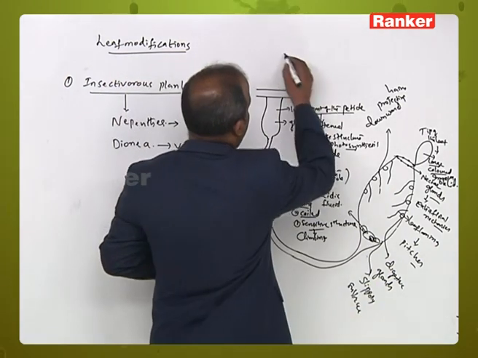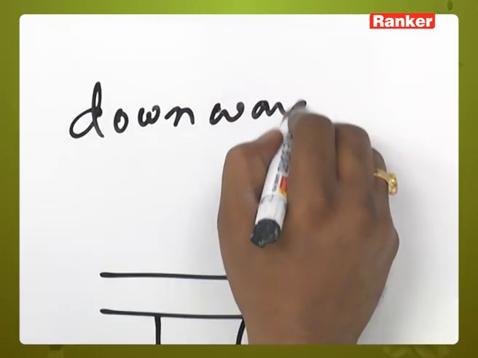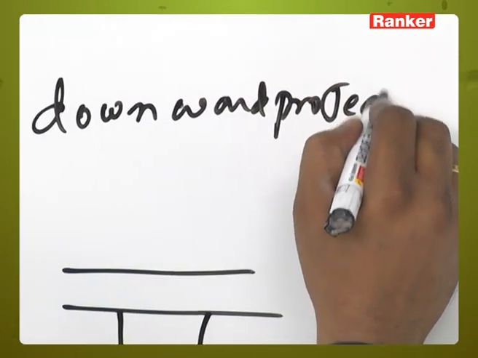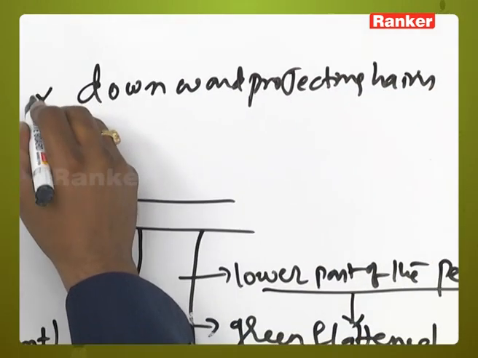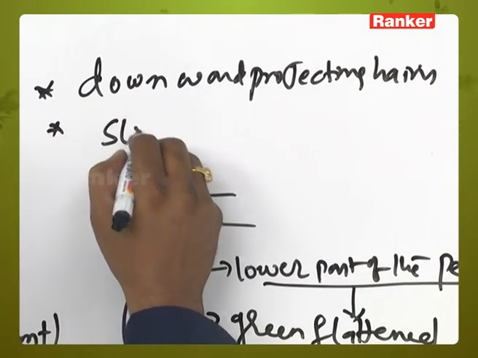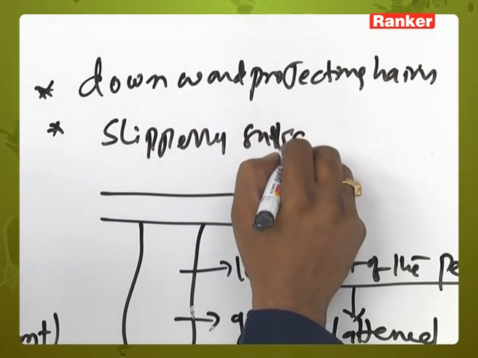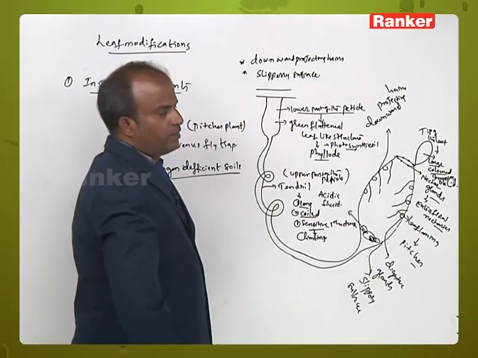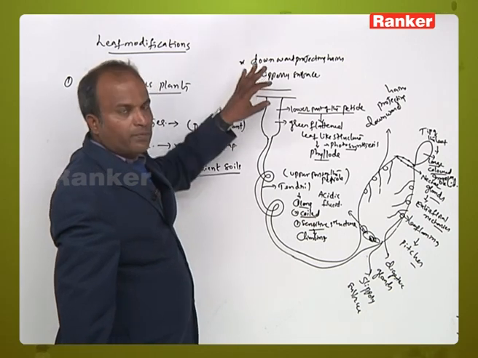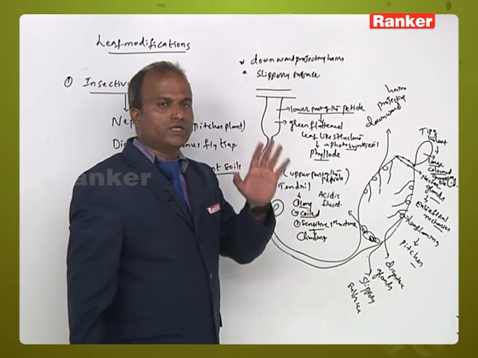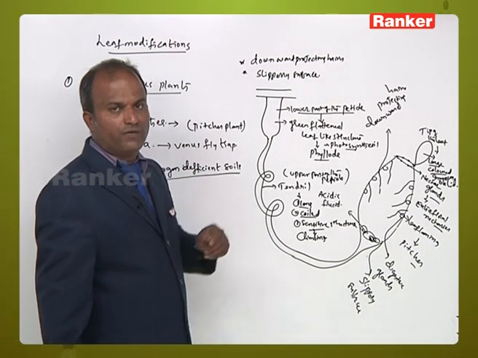That is nothing but downward projecting hairs, and the second one is a slippery surface. That means downward projecting hairs and slippery surface play an important role in stopping the escaping of the insect.